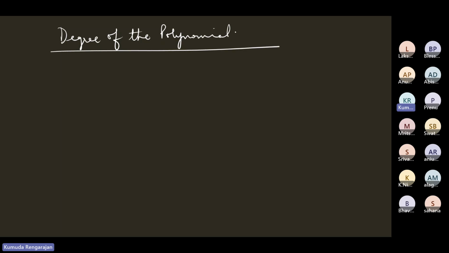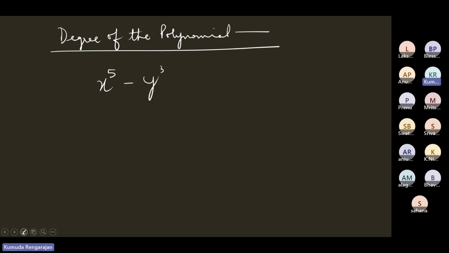And we also classify based on the degree of the polynomial. This is again a very simple thing, degree. Supposing we have the degree of a polynomial, not an algebraic expression. Suppose we write x to the power 5 minus y cube, only one variable x, sorry, I'm used to writing many variables always.